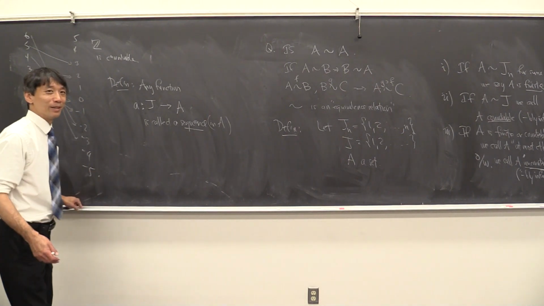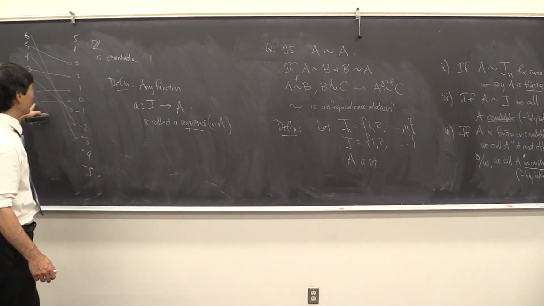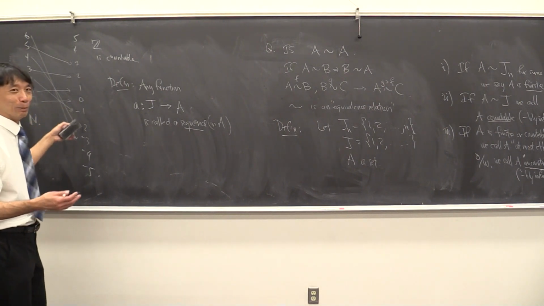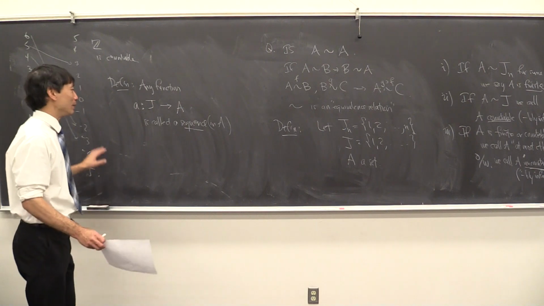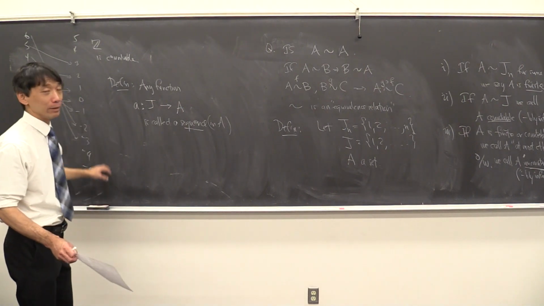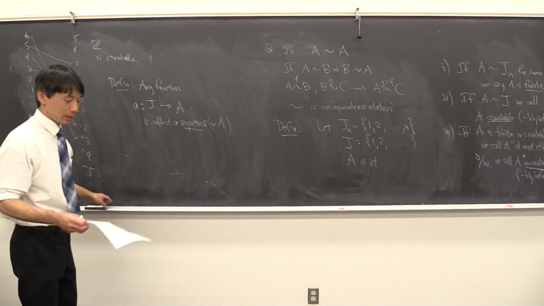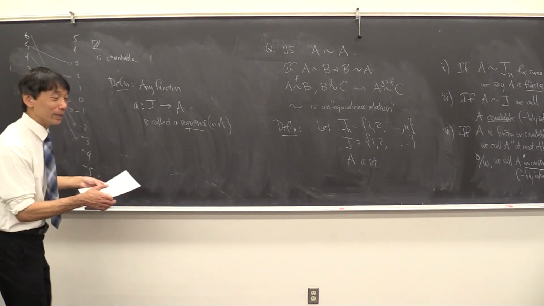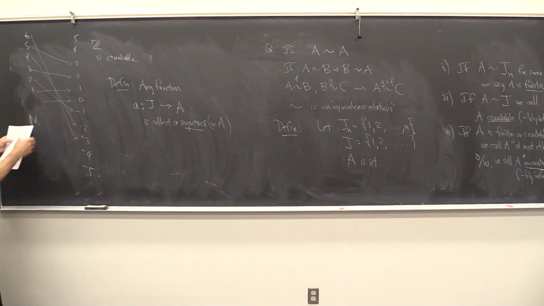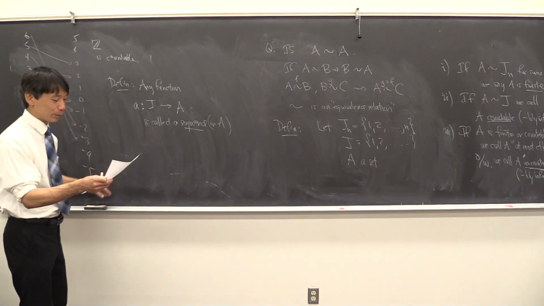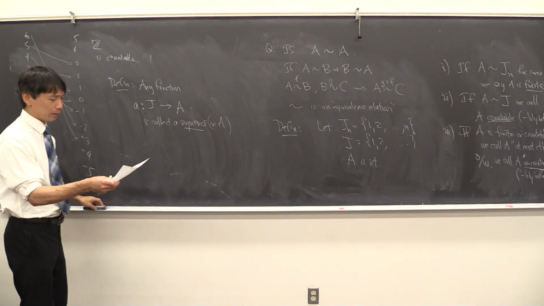Otherwise, no. When I wrote it up, I did have a little qualm. But typically I don't count 0 as a natural number. But it doesn't matter, right? If you can make a correspondence between this and that, you can certainly make a correspondence between this and that. That's why people are kind of loose with it.